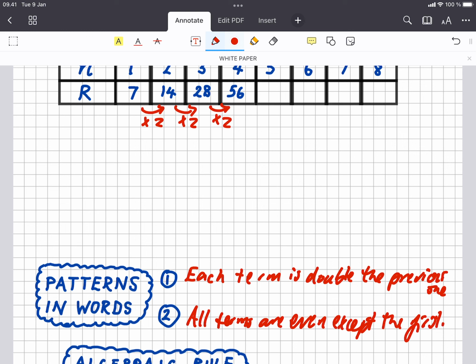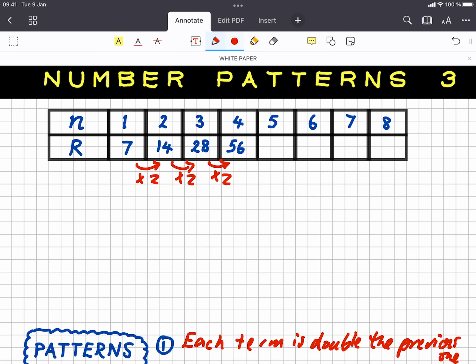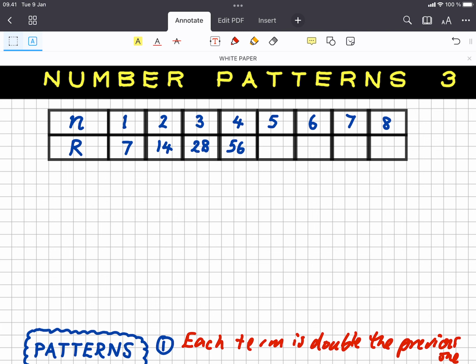Terrible handwriting there. Okay, so let's have a look at how we're going to generate an algebraic rule for this pattern. So the first term is 7, and because we're doubling every time, the second term is 7 times 2, and then the third term is just the previous one multiplied by another 2, so it's 7 times 2 squared. 7 times 4, 28.